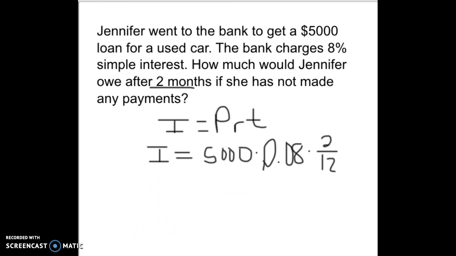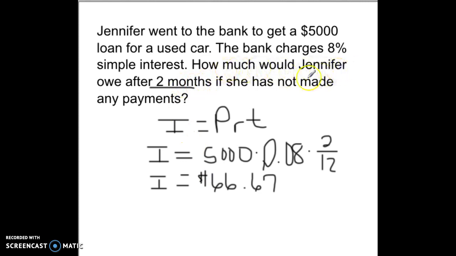So according to my calculator, she needs to pay $66, and it'll actually come out 66665, or something like that, a lot of sixes on there, but in this case, I'm going to round it to $66.67. It's money, make it look like money.